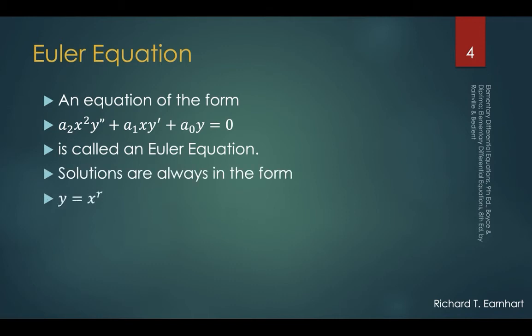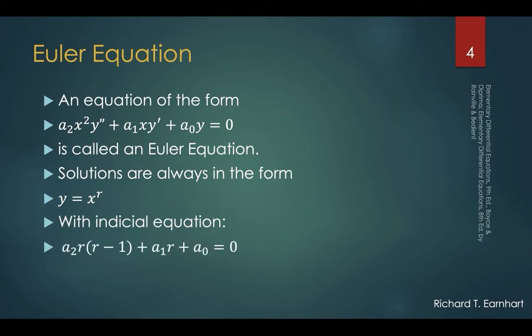The solution should always be in the following form: y equals x raised to r, where r is the root of an indicial equation. So for any Euler equation, this is the indicial equation. We solve for the roots based on the coefficients now of x squared y double prime, xy prime, and then your y.